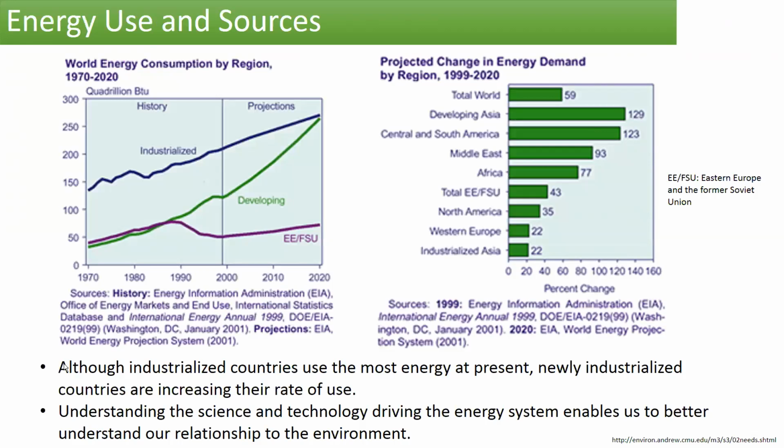In the graph on the top left, the green line is the developing countries, and the industrialized is the dark blue one. Both of them are pretty much matching in the 2020s, because the developing countries account for China and other countries, which are using a lot of energy to speed up their processes and feed their demands. So we will see a lot of demand, and that's what we are seeing these days from the developing countries about energy.